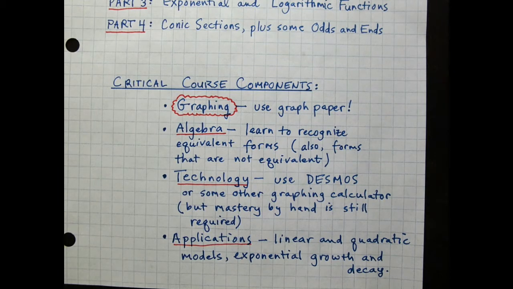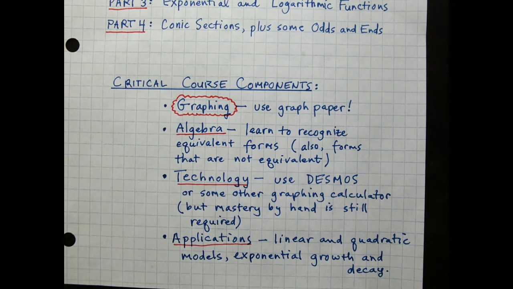It's more important to recognize that there can be more than one correct way of writing a result, and you need to learn to recognize those different ways. And sometimes one equivalent form is more useful for one situation than another, and you need to know how to choose which one to use. And in parentheses, I also say learning to recognize when forms are not equivalent. It's kind of like knowing when you have the wrong answer, right?